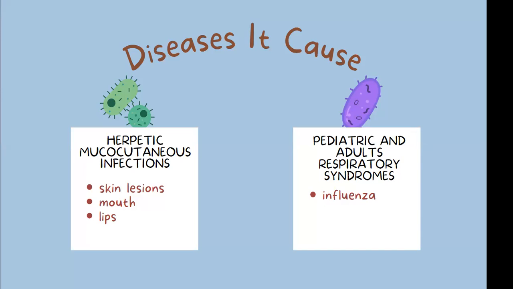And this also leads to some respiratory syndromes for pediatric and adults, more specifically influenza. Though influenza is a disease in our respiratory tract, we already know that it is primarily caused by influenza virus, but herpes virus can also cause influenza.